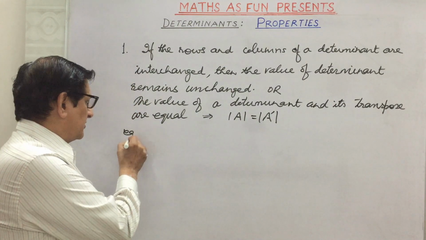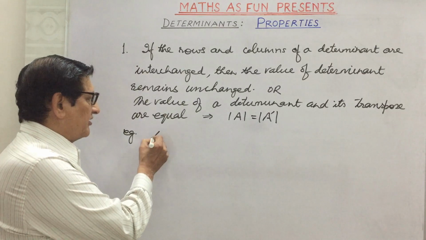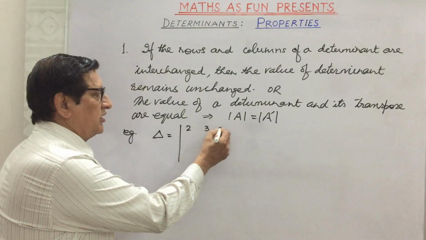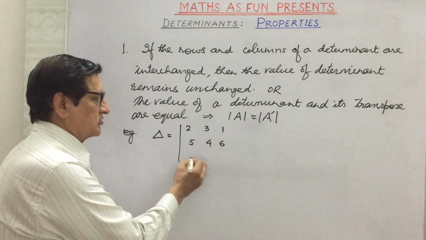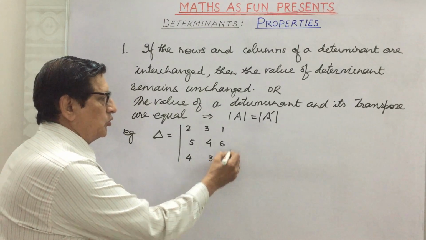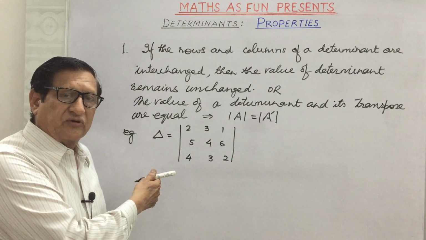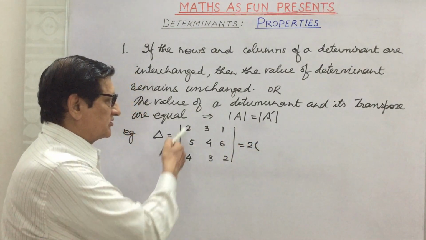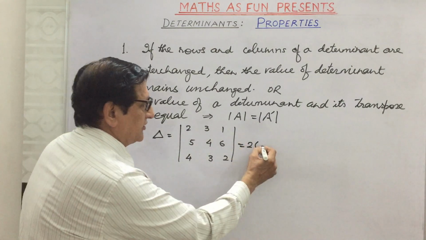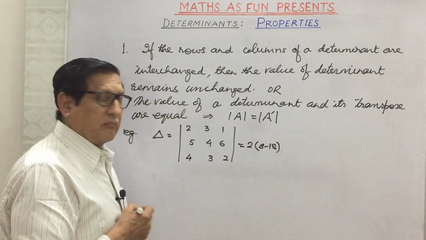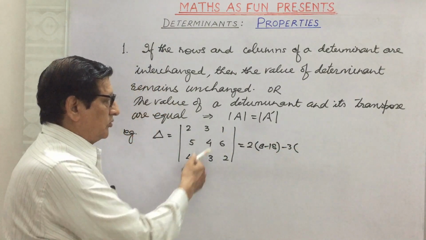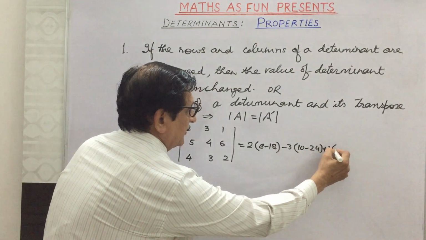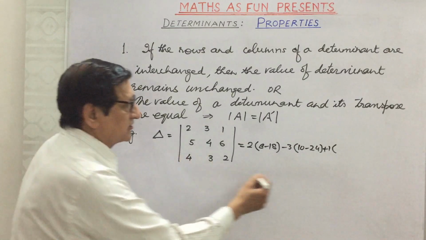For example, we can learn it with a numerical value. Suppose we have a determinant delta, and this is 2, 3, 1, 5, 4, 6, 4, 3, 2. We know how to find the value of this by expansion. Expanding it about row 1, the value comes as 2 into (8 minus 18), minus 3 into (10 minus 24), plus 1 into (15 minus 16).